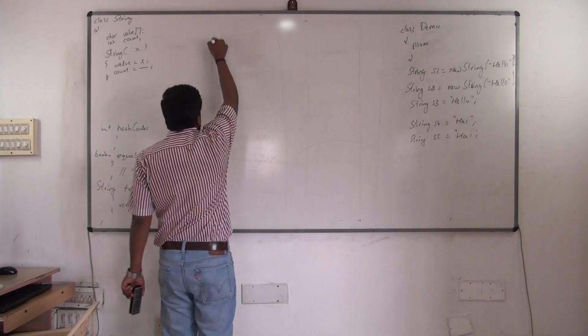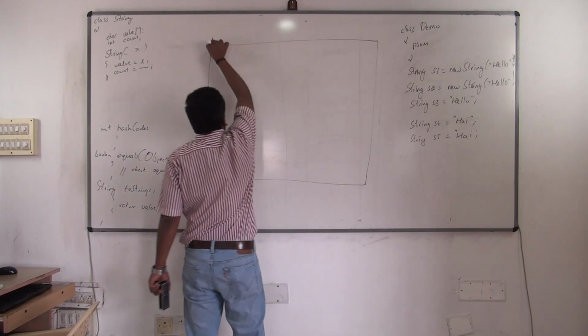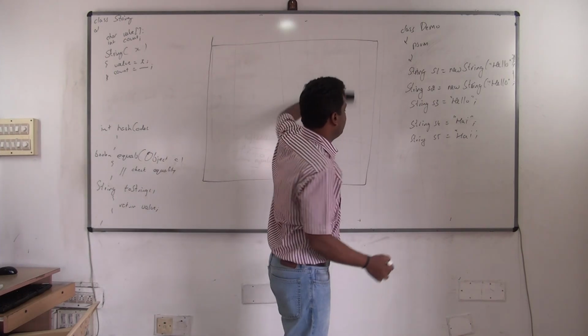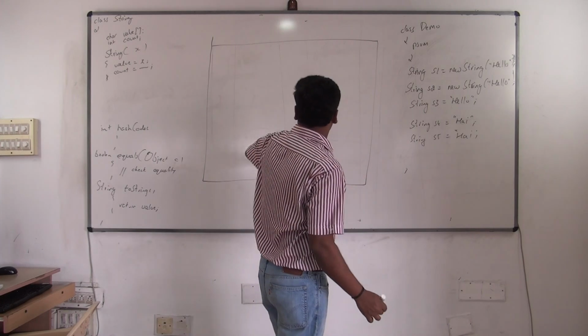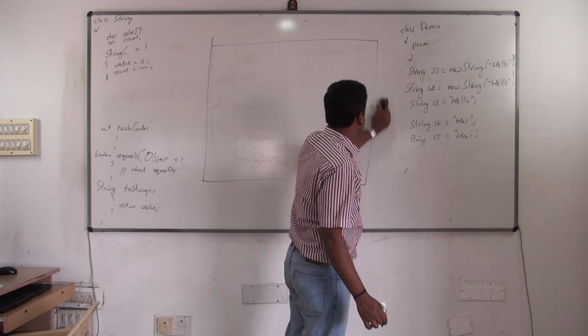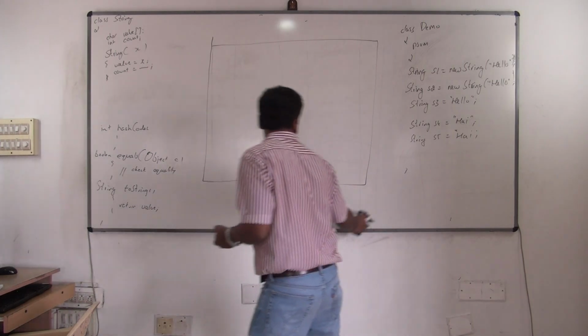As soon as you start the program, the JVM is going to execute the program, you know that. So your main program starts execution. You know one thing we had studied earlier: all the objects are created where? All the objects are created in the heap.